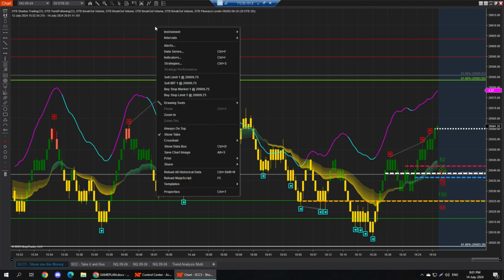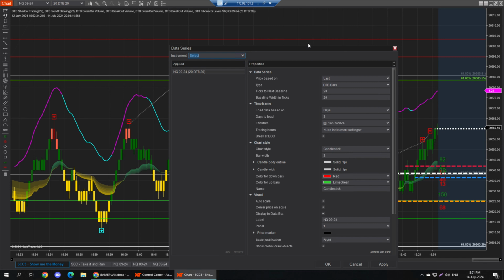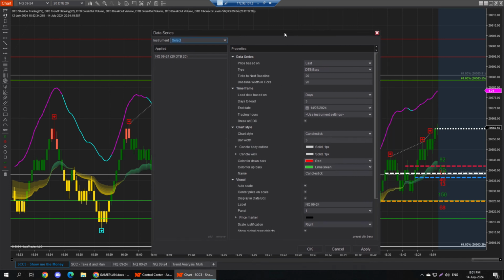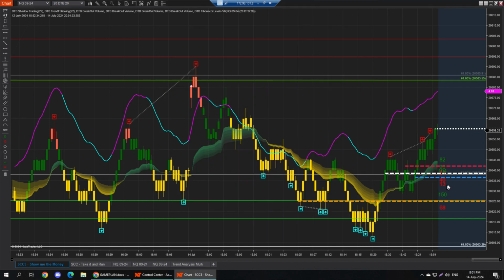So the very, very best way to read price for any chart is using the DTB bars. So much better than any minute bars or range bars or anything like that. And that is because the price that you are seeing, or the values that you are seeing, is the exact price, this depiction of where price has been.